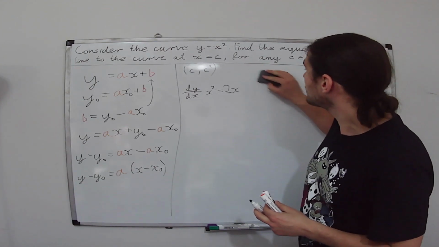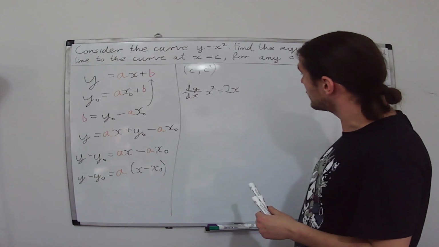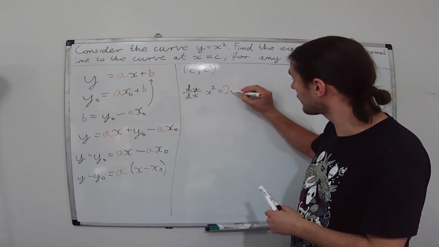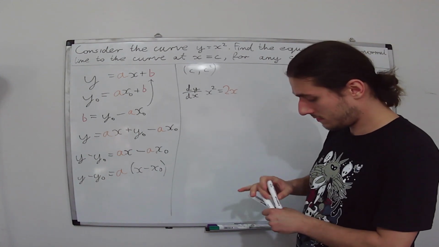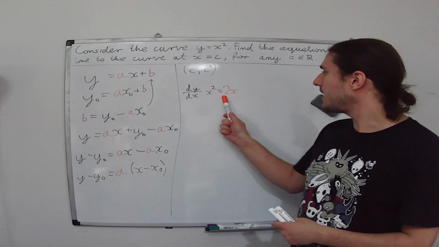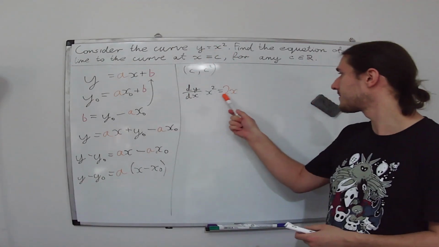Either way, we have now figured out, actually I should probably use orange for this, because this is our gradient. The gradient of that function is 2x.